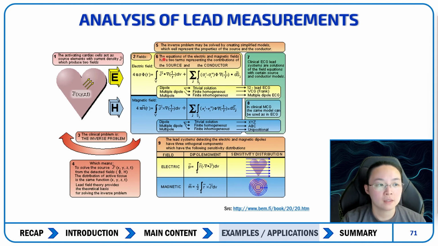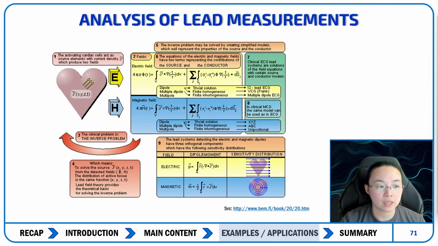So first, the equations of the E and M fields have two terms representing the contributions of the source and the conductor. Then you have a clinical ECG lead, which provides solutions of the field equations with certain source and conductor models. Then in an MCG, the same model can be used as in an ECG. So here we have a magnetic field.